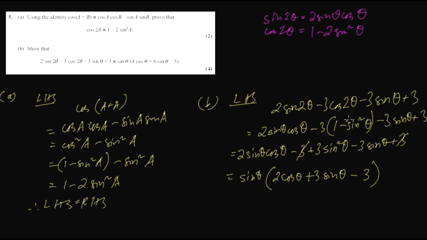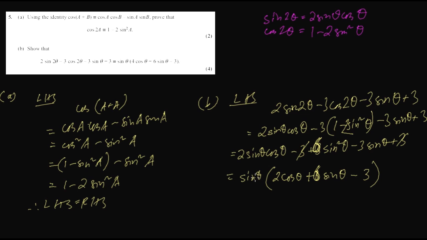write here 2. 1 minus 2 sine squared theta, so 3 ones are 3, this should be 6. So if this is 6, so this should be 6 sine theta, then this should be minus 3 sine theta if I take sine theta common.